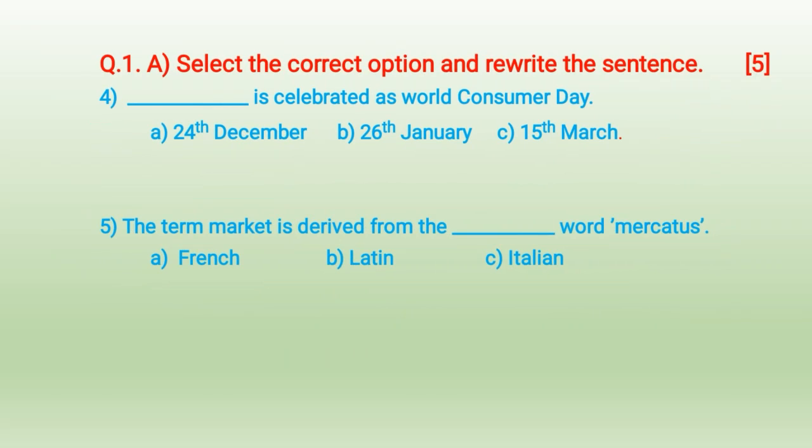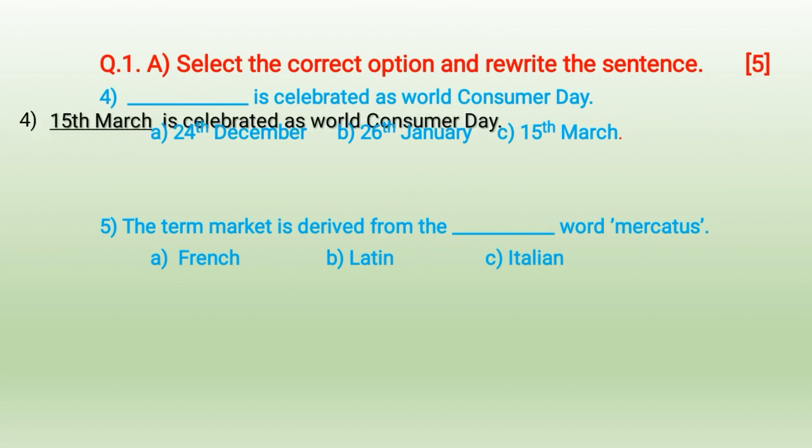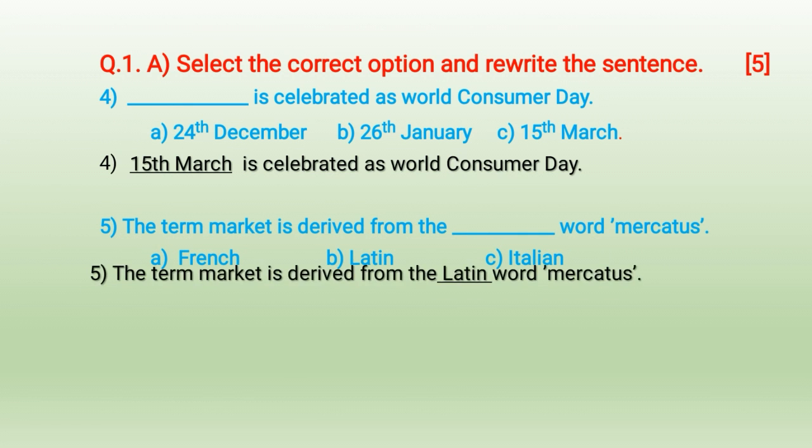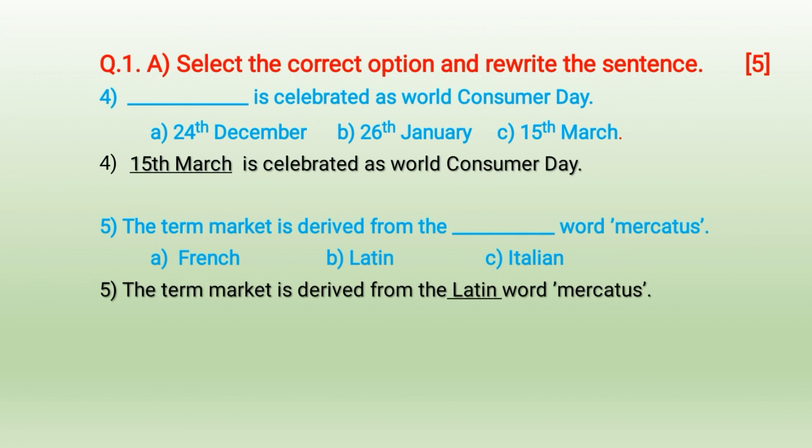Friends, let me tell you that this is one of the favorite questions of board paper setters, so you must know the date. What is the date? It is 15th March, right? And the last one is: the term market is derived from the Latin word dash dash. Okay, so the answer is the Latin word marcatus.